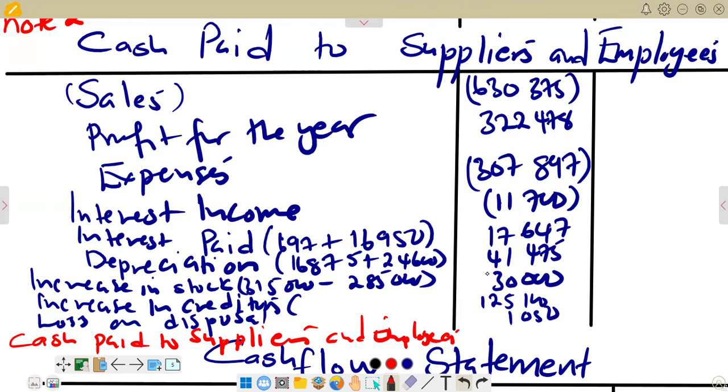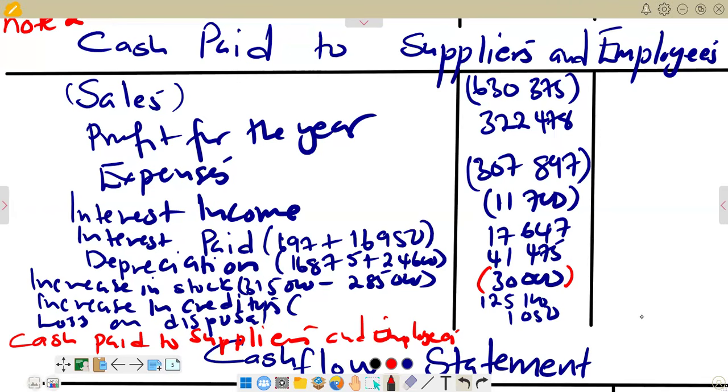So this 30,000 we said it's an increase in stock, so we are supposed to show it in what? In brackets, because this is an increase in current assets, so we show it as a negative. So this is what we have. So it means we are supposed to say negative 307,897 minus 11,700 plus 17,747 plus 41,475 minus 30,000 plus 125,100 plus 1,050.